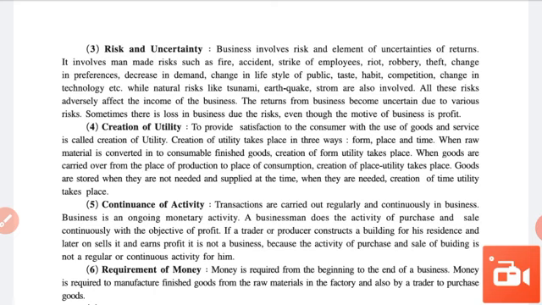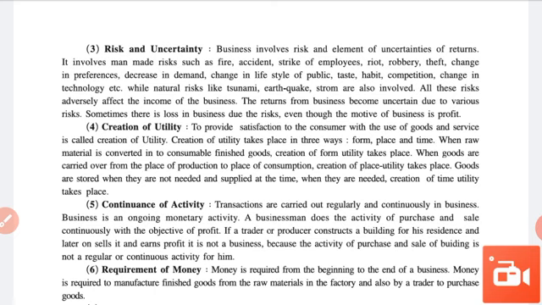All these risks adversely affect the income of the business. If any man-made risk or natural calamity occurs, there is a totally adverse effect on the profit of the business. So the return from business becomes uncertain due to various types of risk.